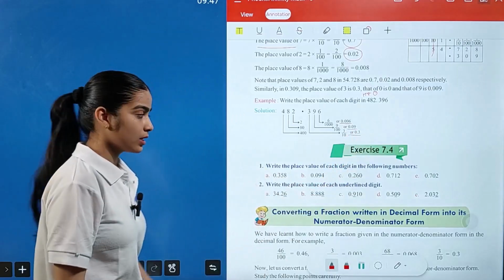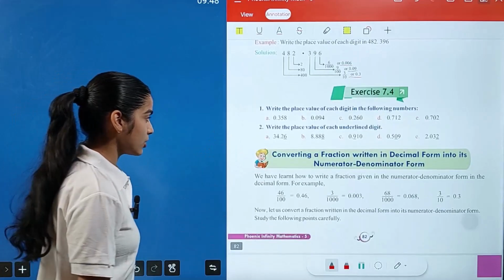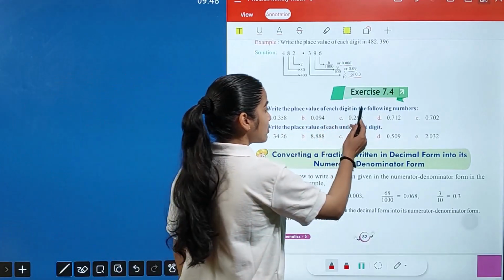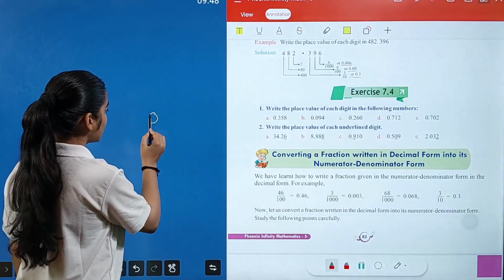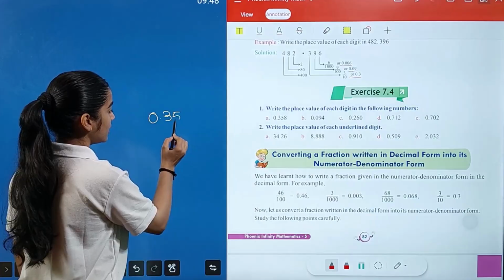Now we move forward to our next exercise, which is exercise 7.4. Write the place value of each digit in the following numbers. So we have 0.358.